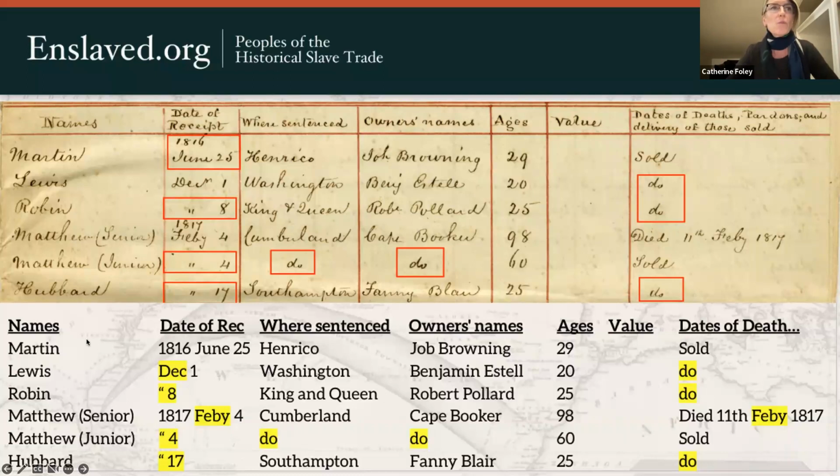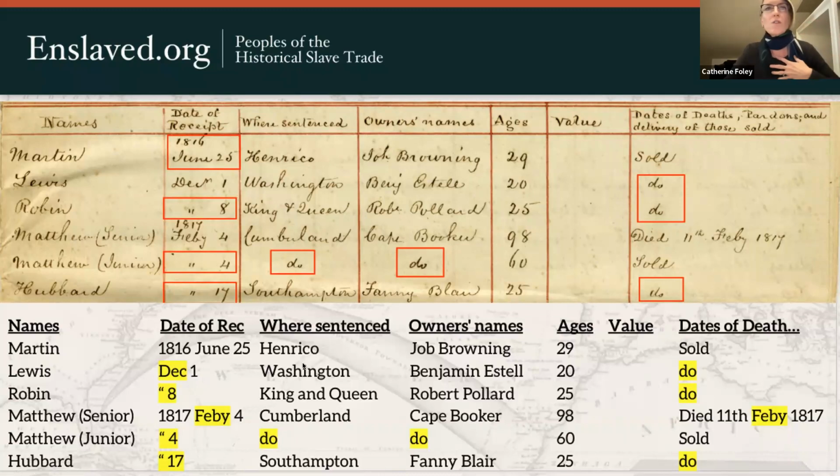What's at the bottom part of the slide here is what I'm calling a verbatim transcription of the document. When you look at that, there are pieces of information that would be lost if you don't have the whole. For example, Lewis has this date of receipt, December 1. If we do a verbatim transcription, we lose the full date.